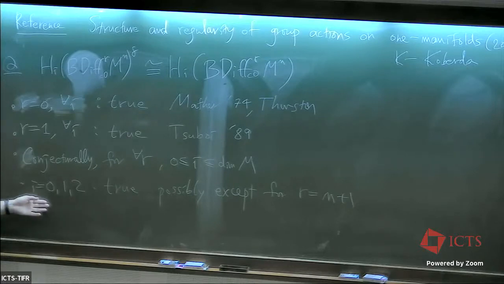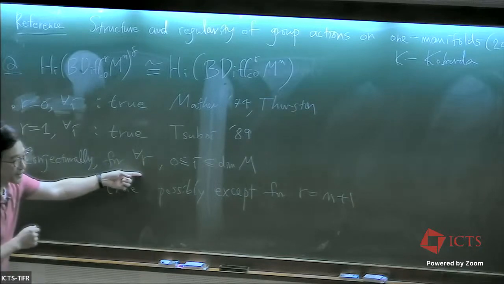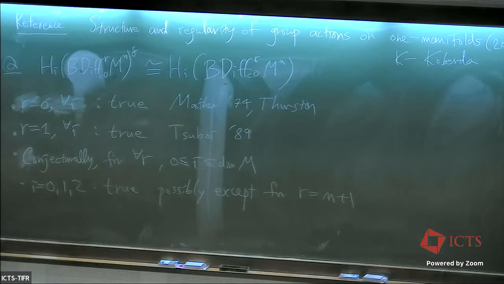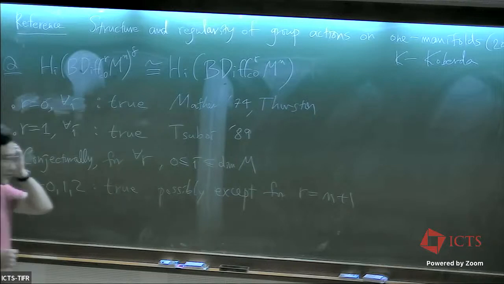No, it does. Conjecturally, it goes on, for all regularity and for all degree. They are believed to be isomorphic, but people don't have much idea about it. Computing these groups is very hard. So this is one of the questions raised yesterday.